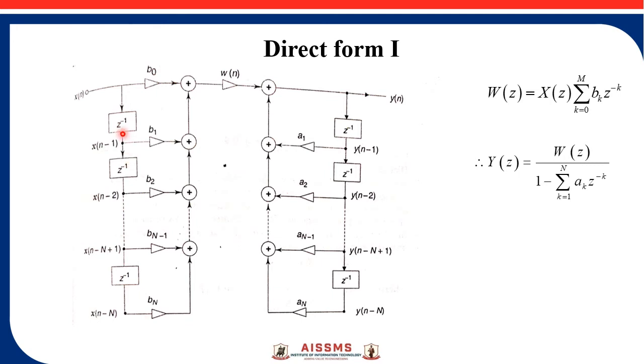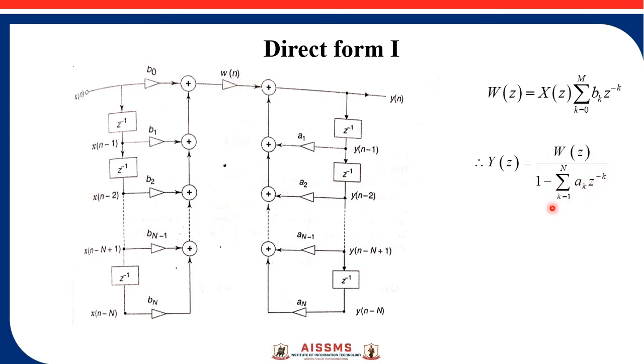So the first element, that is x of n into b0 plus x of n minus 1 into b1 plus x of n minus 2 into b2. When you add all these terms, you will get w of n. Then the w of n signal is given as an input to the second stage.